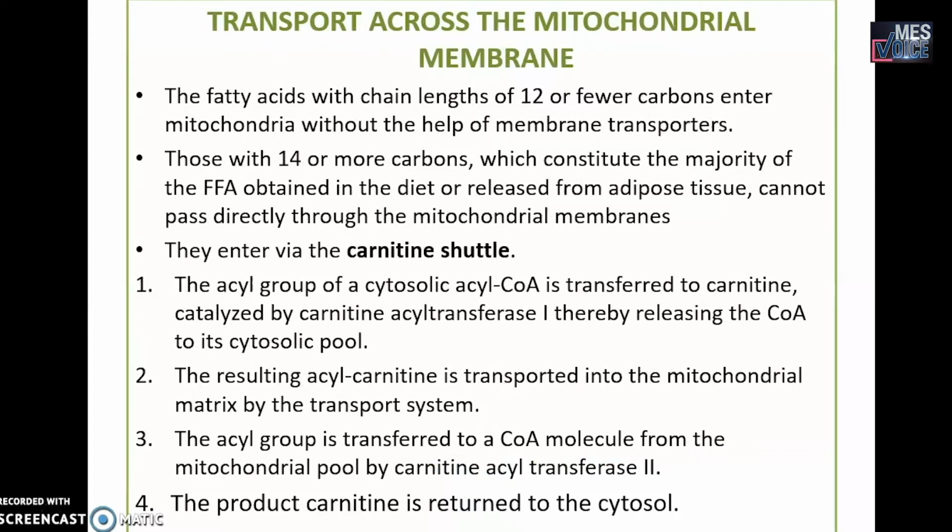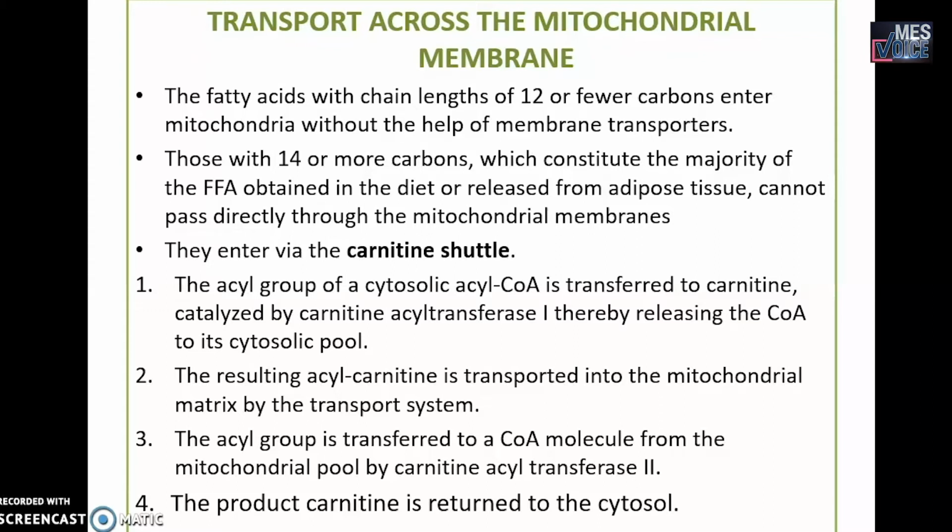Now the second stage of fatty acid oxidation, that is transport across the mitochondrial membrane. The fatty acids with chain length of 12 or fewer carbons enter mitochondria without the help of membrane transporters.